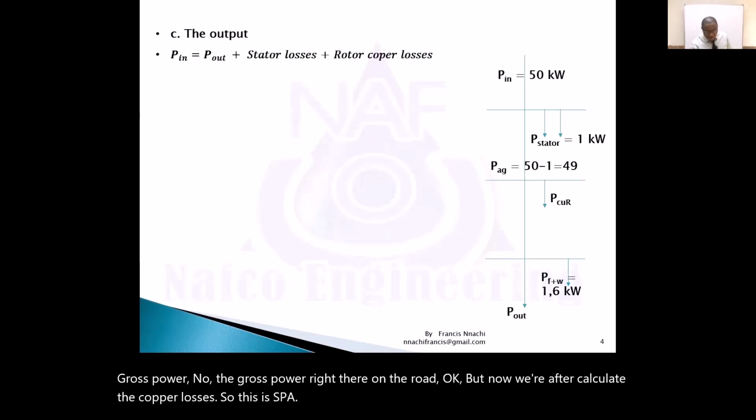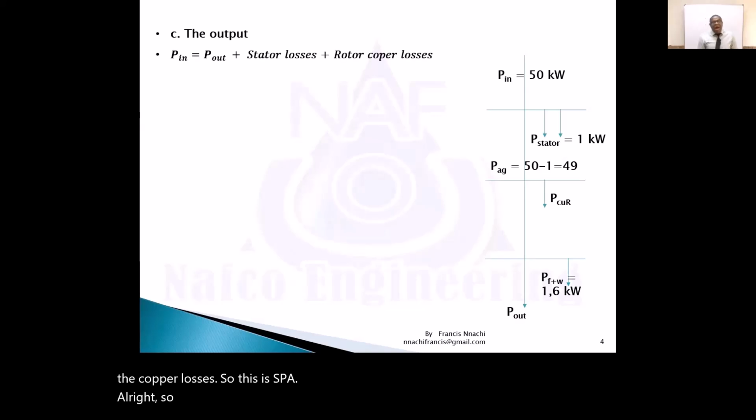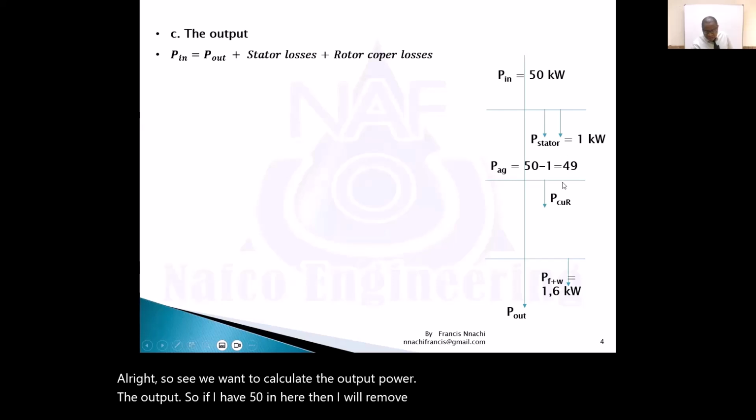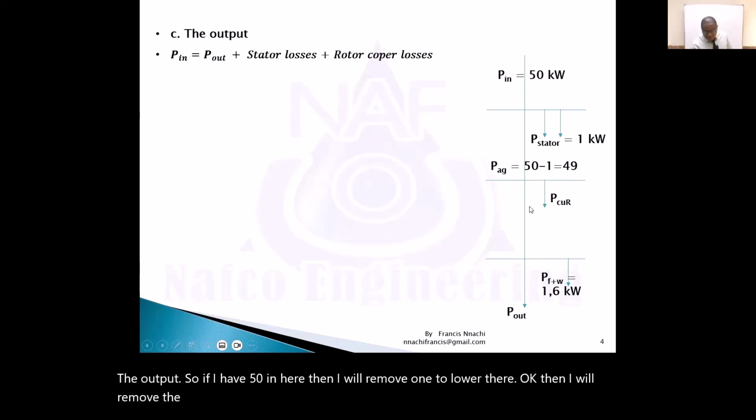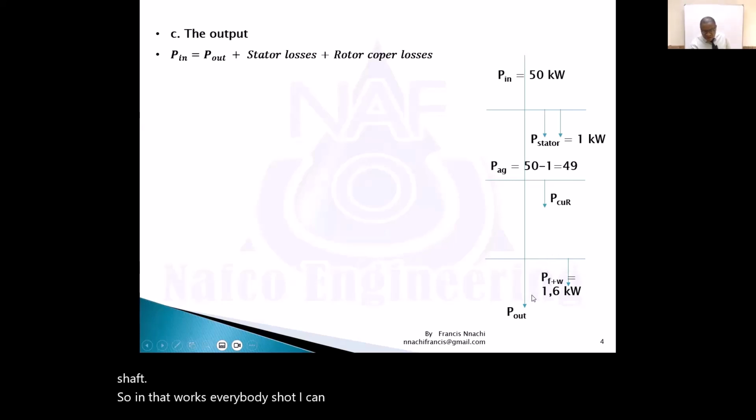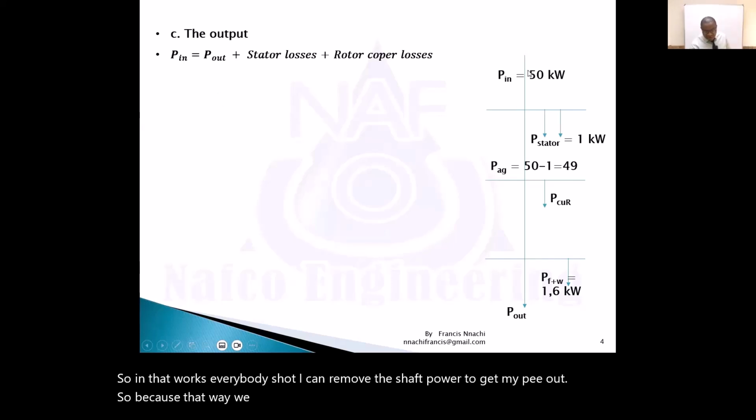Now we want to calculate the output power. If I have 50 in here, I remove 1 kilowatt there, then I remove the rotor copper loss. The remaining is what is going to be on the shaft, and I can remove the shaft loss to get my P out. In other words, P in equals P out plus all these losses.